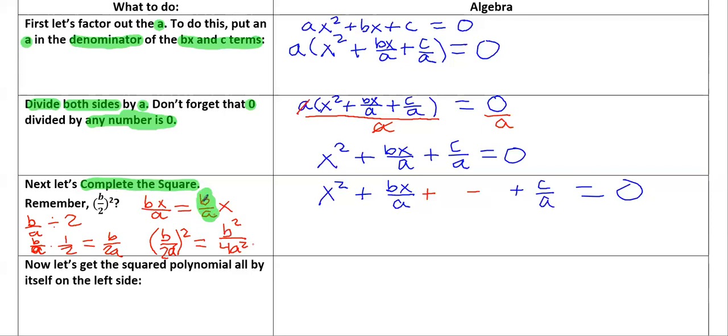There we go. We took b, divided it by 2, and squared it. So b squared over 4a squared. So now I'm going to add b squared over 4a squared, and I'm going to subtract b squared over 4a squared.